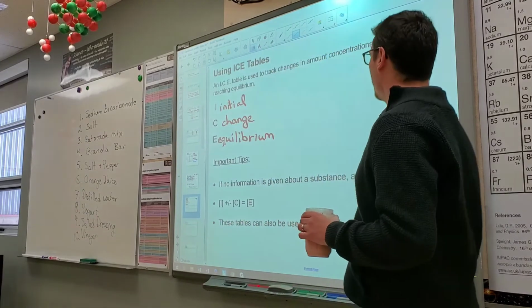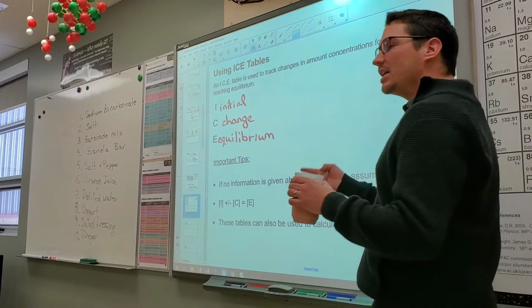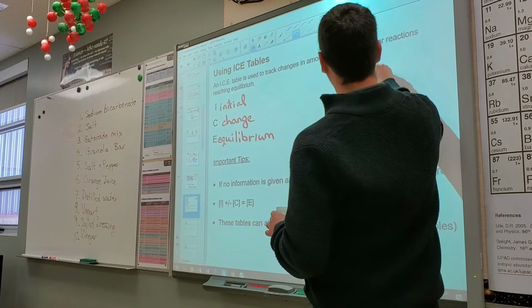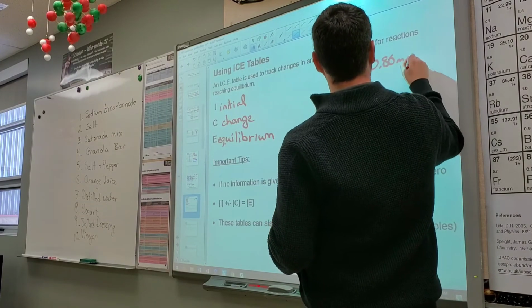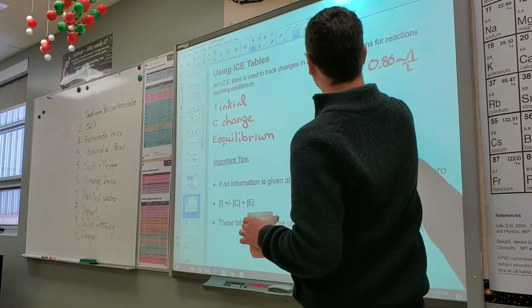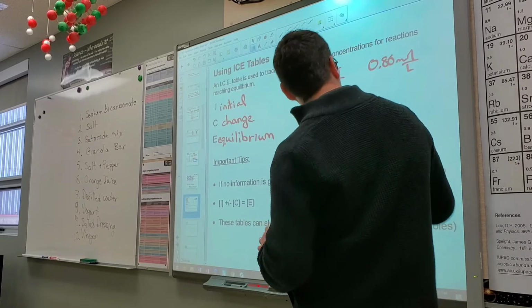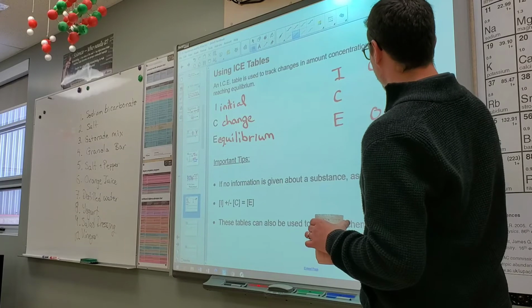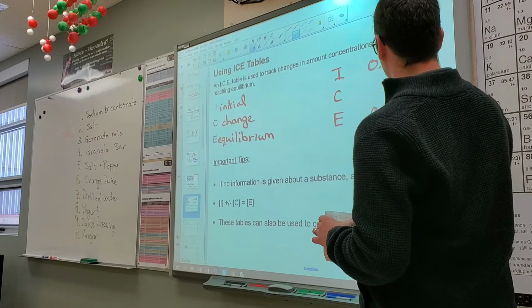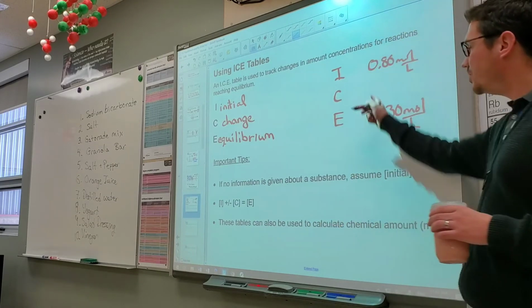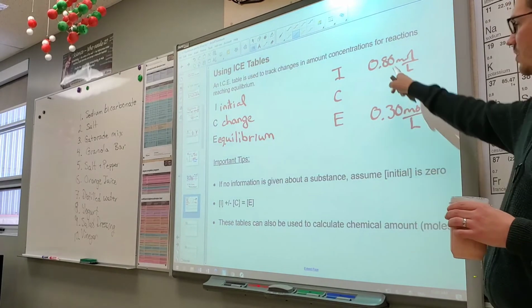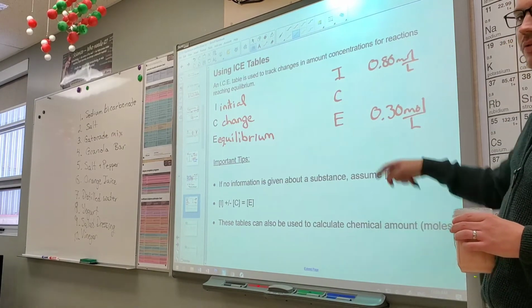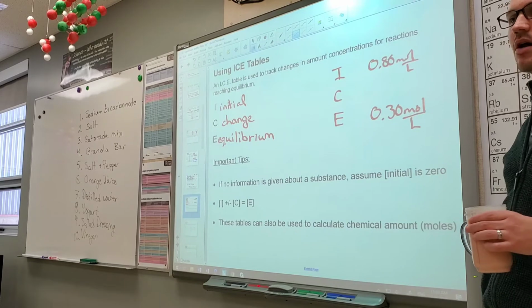I'll give you an example. If initially I had 0.80 moles per liter of something, and at equilibrium we ended up with 0.30 moles per liter, I'm curious, do you know what my change was? If I started with 0.8 and I ended with 0.3, what's the difference between those?